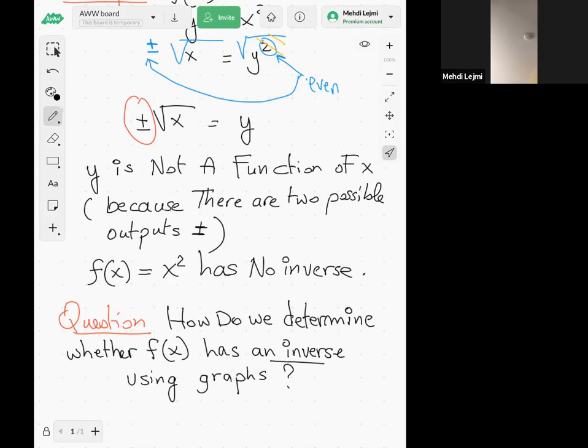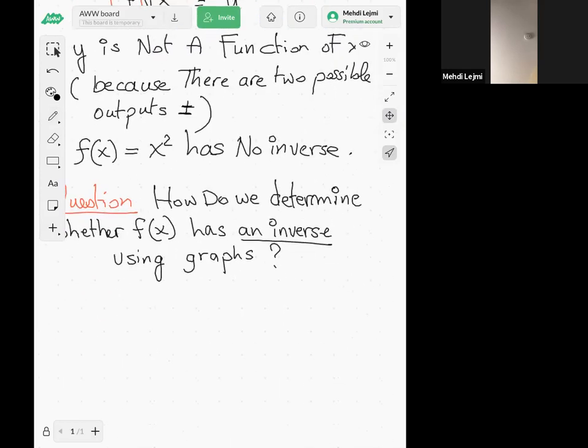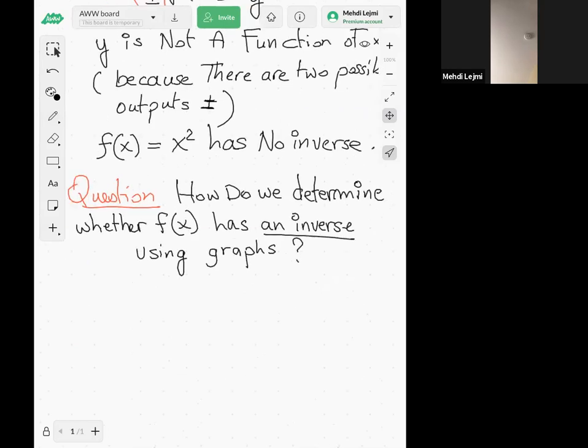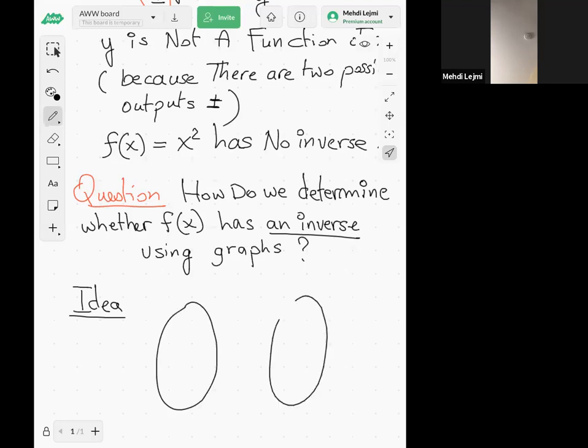Okay. So the idea is the following, guys. Let's say you have a function f, f of x.